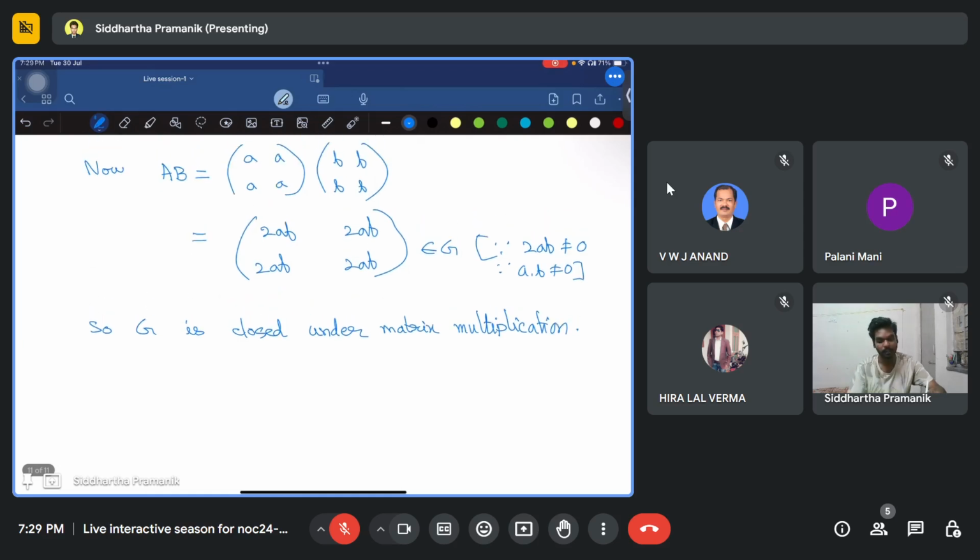Now for the second one, we need to guess a candidate for the identity element.